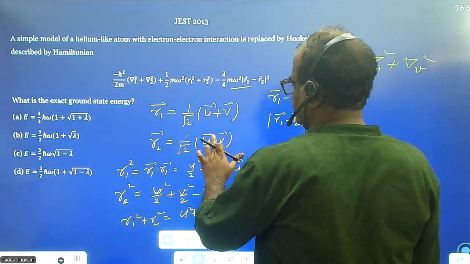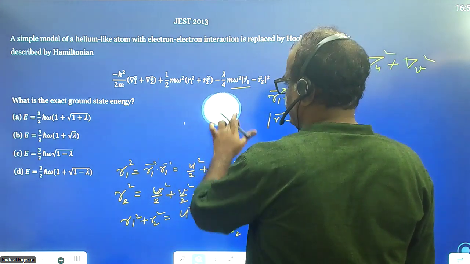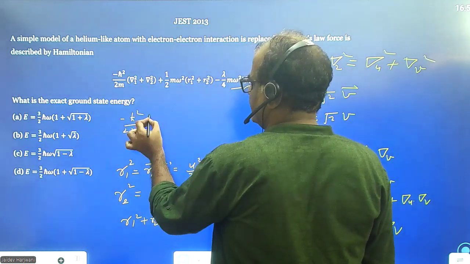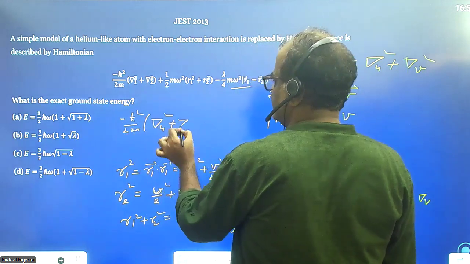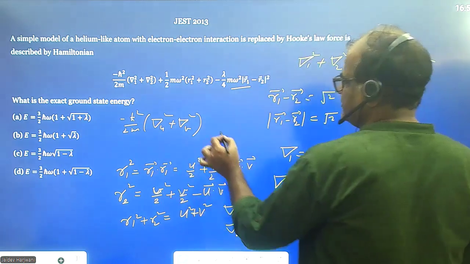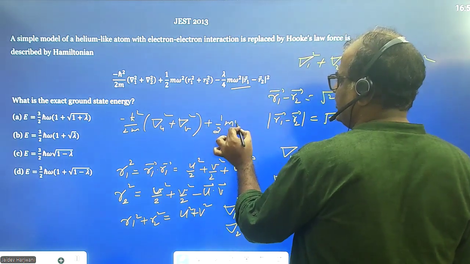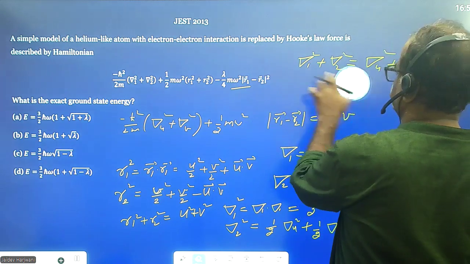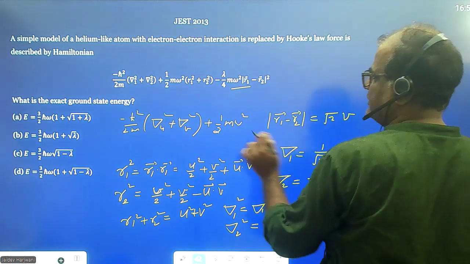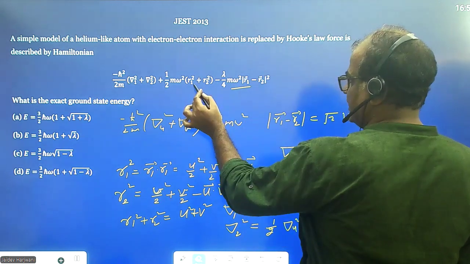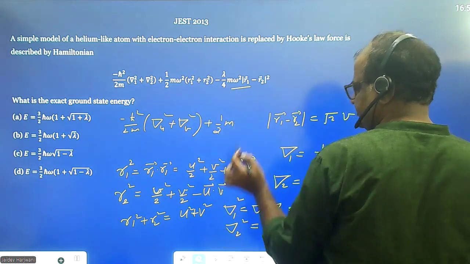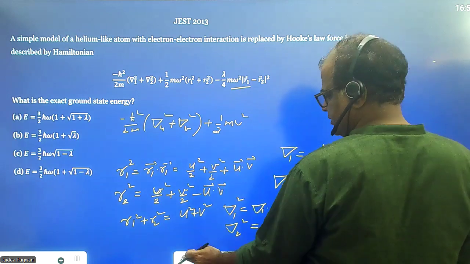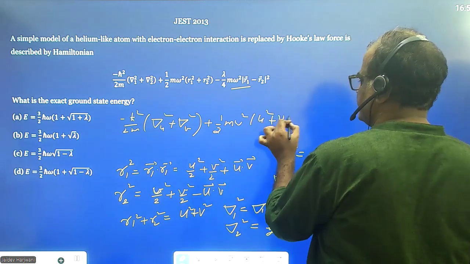If I add these terms, now we just need to put the substitution here. So if I put the substitution, my equation will become minus h cut square upon 2m times (del U square plus del V square), plus half m omega square times (R1 square plus R2 square), which is U square plus V square.